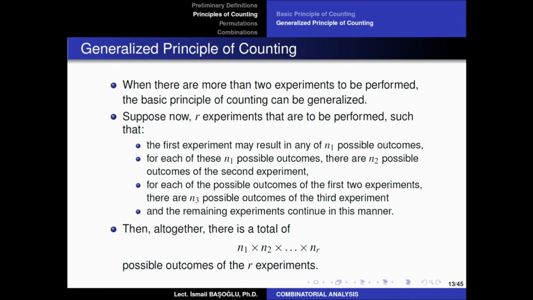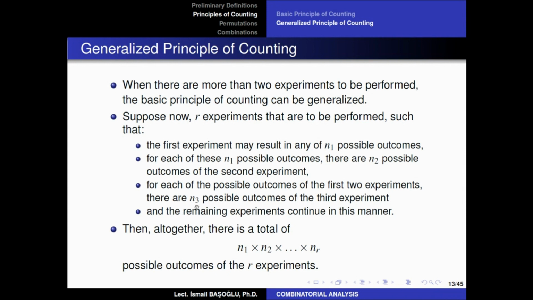After performing the first experiment and observing the outcome, whatever my outcome is, it does not matter, if I perform the second experiment it will have n2 possible outcomes. And after performing the second experiment, whatever the outcomes of the first and the second experiments are, the third experiment will have n3 possible outcomes, and so on and so forth.